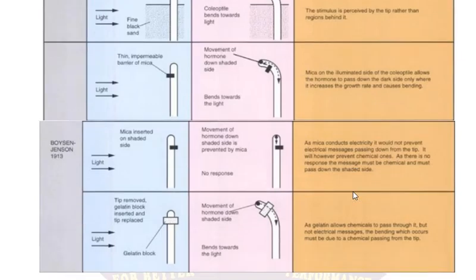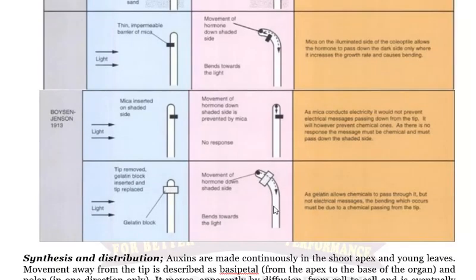And then we have the third experiment in which he used the gelatin block, and in this experiment the tip is removed, and then he put the gelatin block, but the gelatin block is permeable to hormone. So because it is permeable, it allows the hormone to pass through it on the shaded side, and the phototropism took place as usual.